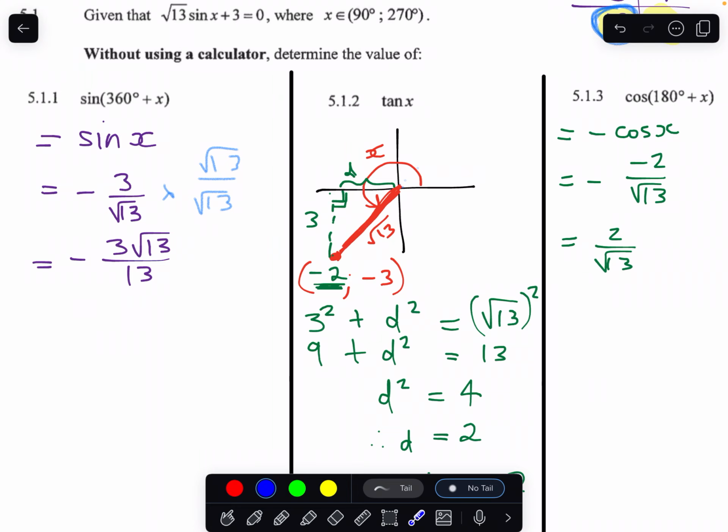But yeah, it would be equal to that. And then for tan, we end up with 3 over 2, and for the last one, again, they don't give the final answer, which is interesting, but yeah, it would be 2 over root 13.